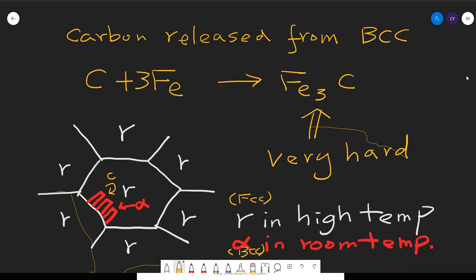So the carbon released from the BCC structure will appear here. It appears at the grain boundary. So we call this kind of structure pearlite.